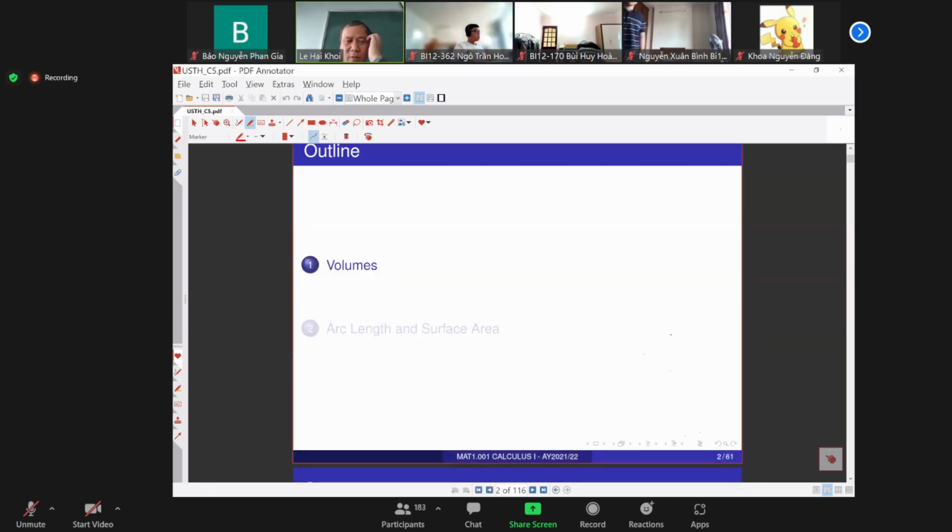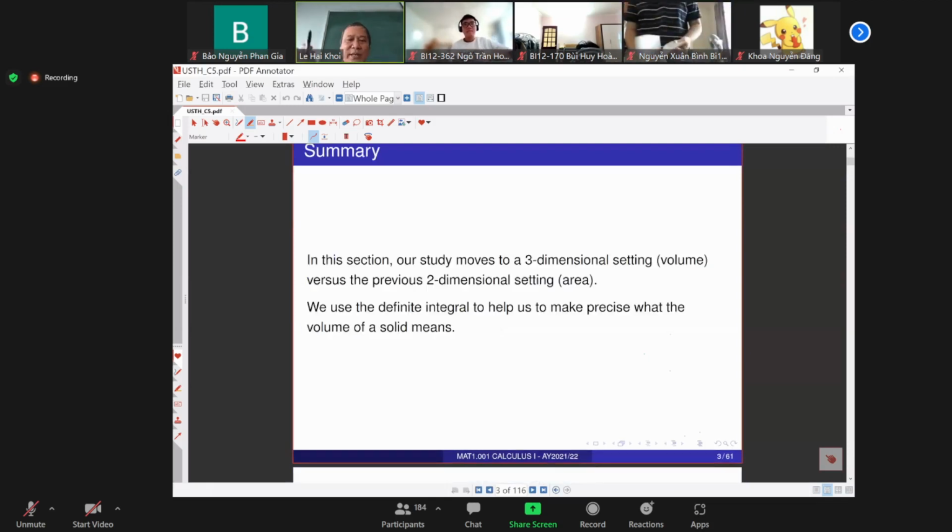First we talk about volume. Last week we studied the two-dimensional case, which is the area of the region bounded by some curve and some lines.